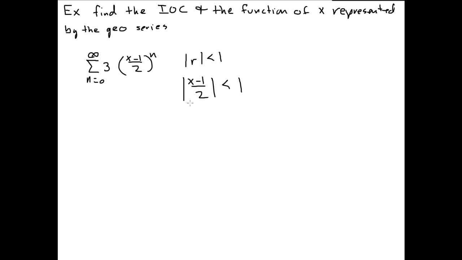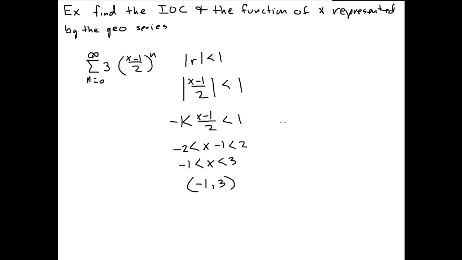Well, now we can write, just by the definition of absolute value, that this r has to be between negative 1 and 1. So we multiply by 2 and we add 1. So we have negative 1 is less than x is less than 3. Now there's our interval of convergence. So the interval is negative 1 to 3, not including those points.